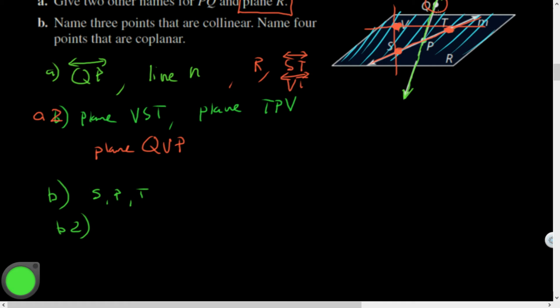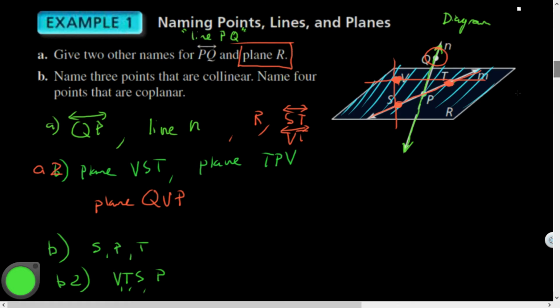So any non-Q points. Right? V, T, S, and P. Sure. So those points all exist on the same plane.